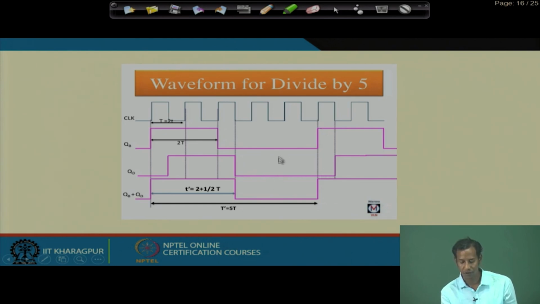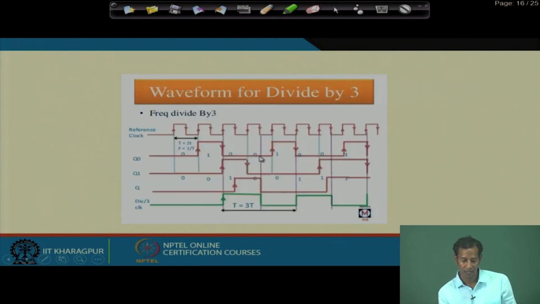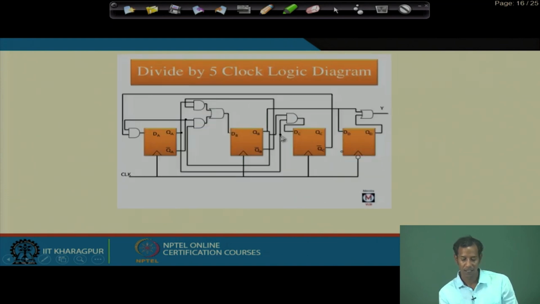Within this it is 0 0, so it is 0. So, we will get the divide by 5 with 50% duty cycle based on the mod 5 counter over here, and then the additional OR gate to make 50% duty cycle.